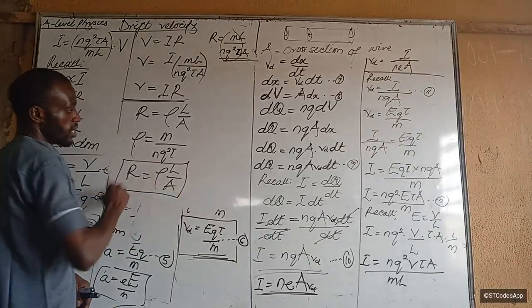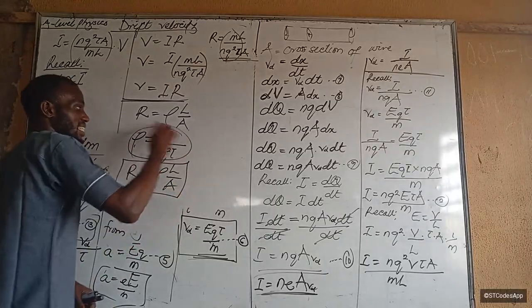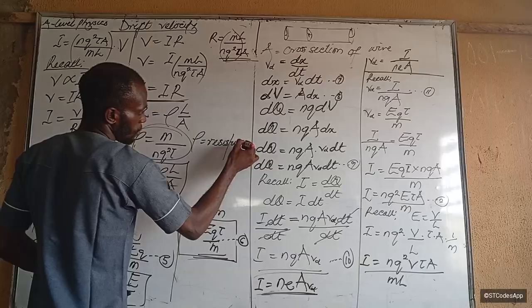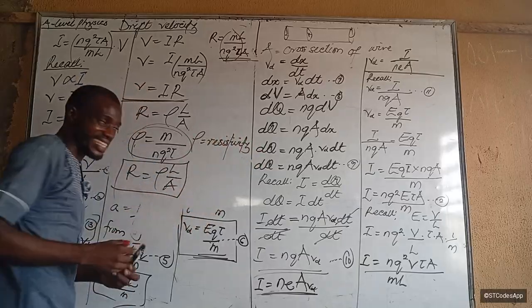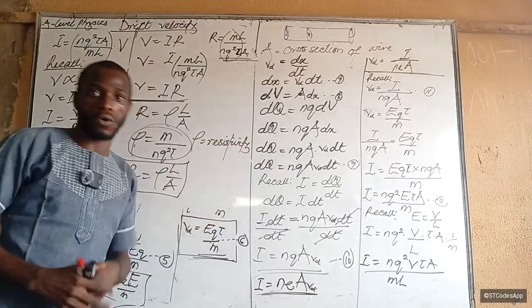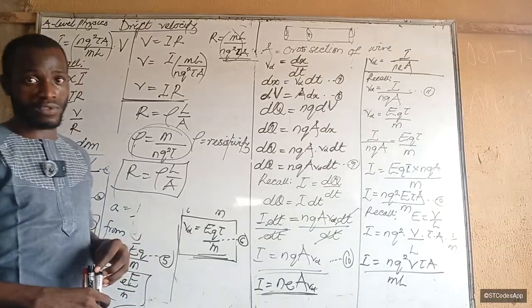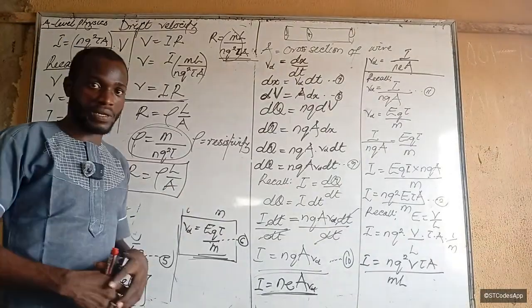Do you understand now? Such that this is resistivity. And you know resistivity is also intrinsic to a metallic conductor. Alright? The higher the resistivity, the lower the conductivity of the conductor, because they are inversely proportional.